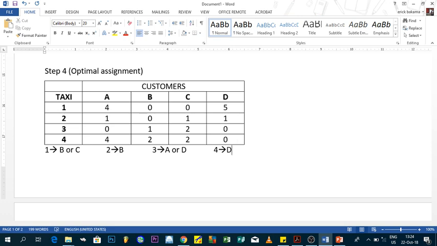Now, remember we said that one thing with the assignment method is that one customer can only be allocated to one taxi, or one taxi to one customer. You cannot combine.